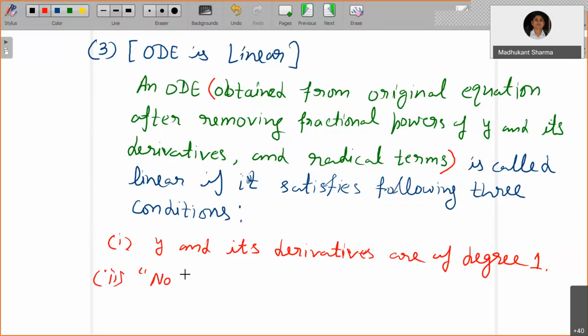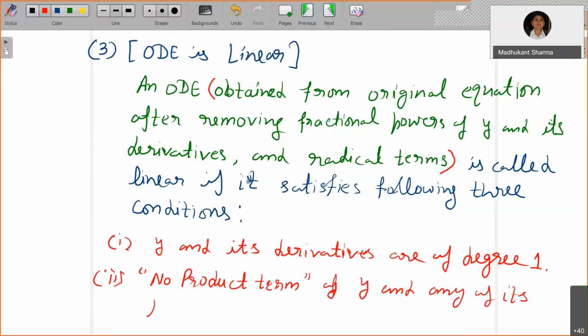No product term of y and any of its derivatives present in the ODE.